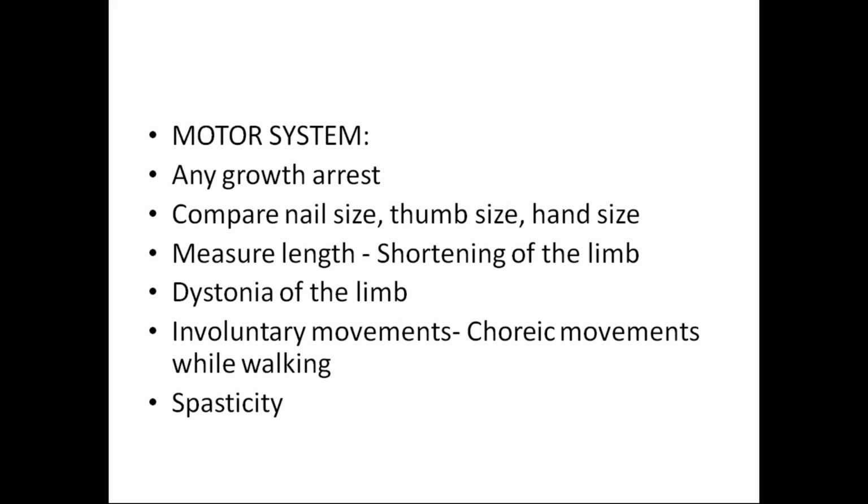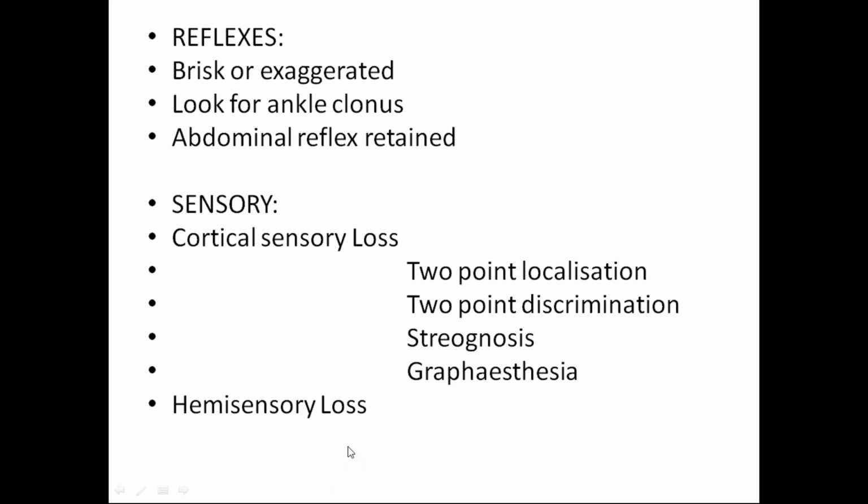Yeah, spasticity. Spasticity is because your center is affected, the motor system gets affected and gets spasticity. Okay. And regarding the reflexes, yes, they're brisk because this is an upper motor neuron type of paralysis. Your center is gone, so yeah, brisk and exaggerated, and you can get clonus also. This is important.